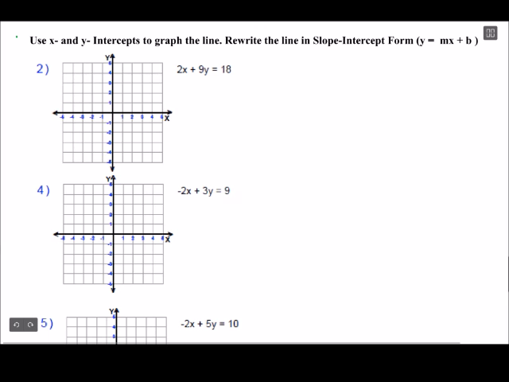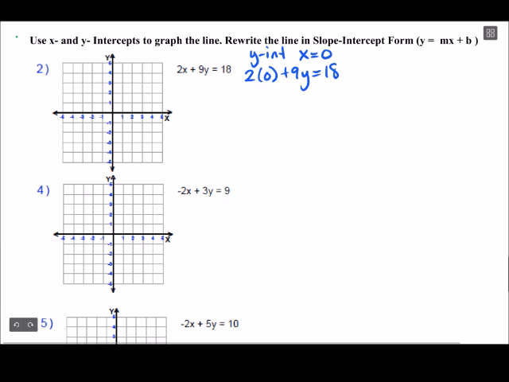So to find my y-intercept, I use x equals 0. I take my given standard form equation of my line and substitute in x equals 0.